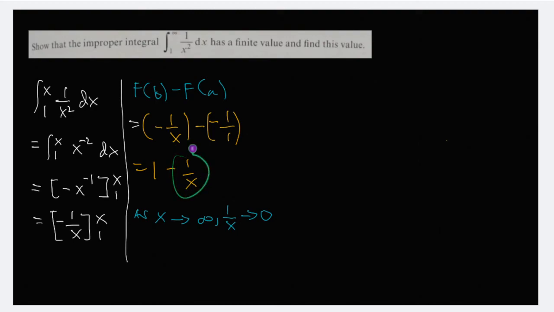So therefore, we can conclude that the improper integral from 1 to infinity of 1 over x squared dx will be equal to 1.